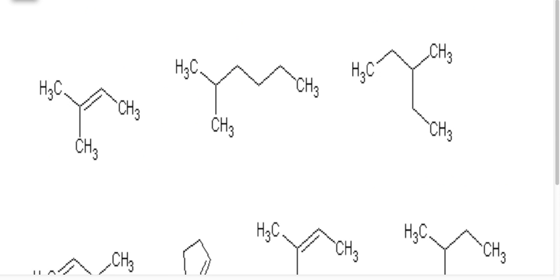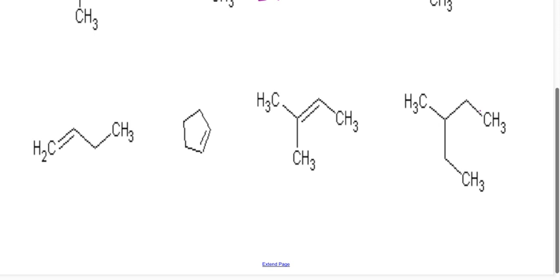Was that the same one we just did? Yeah. Okay, so that's 2-methyl-2-butene. What's this one? 2-methylhexane. This is 3-methylpentane.